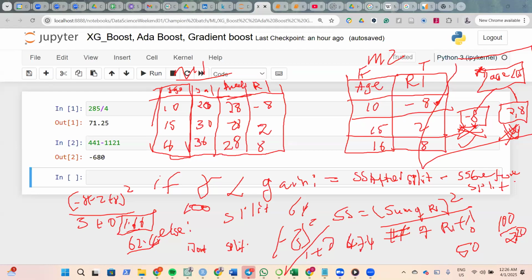There's this part where we have -8 in bracket -2 plus 8 squared divided by 3 plus 0. That's the similarity score before split. Okay, it's before split for the -8 part.